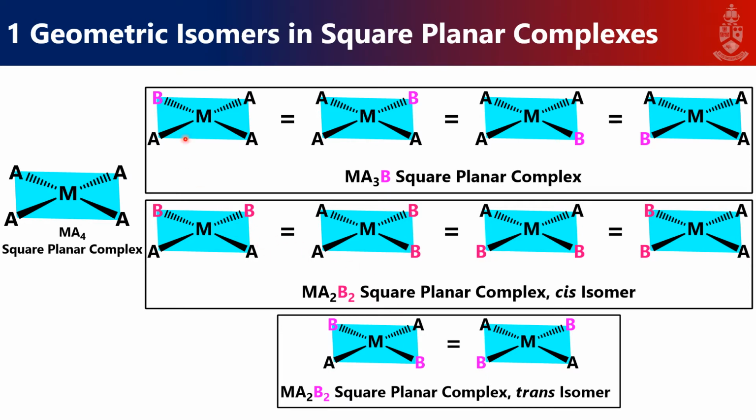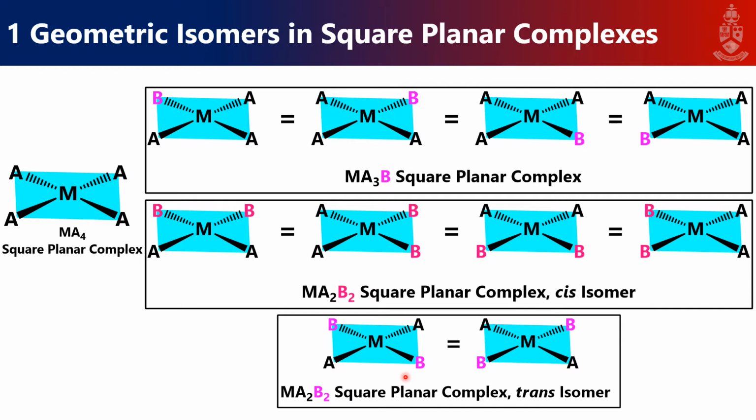Right, so that is where the point of a geometric isomer comes in. We can have the same molecular formula, MA2B2, but different geometrical arrangements of the same molecule. Right, so the same molecular formula, different geometrical arrangements.